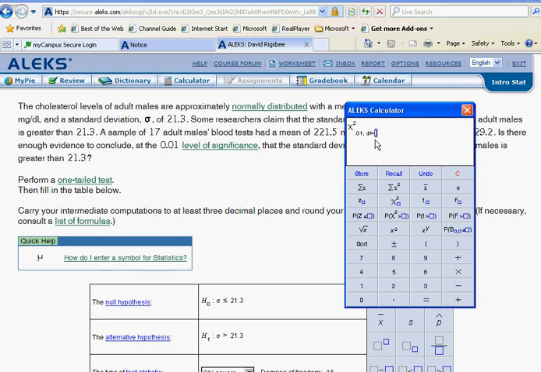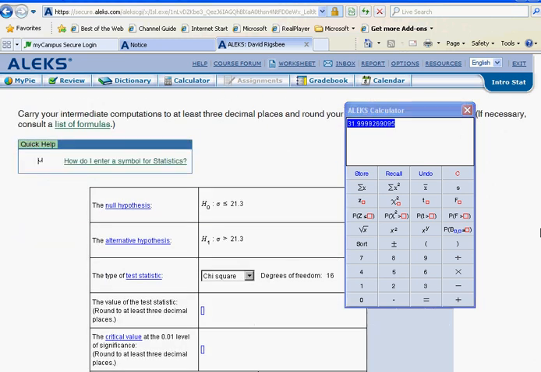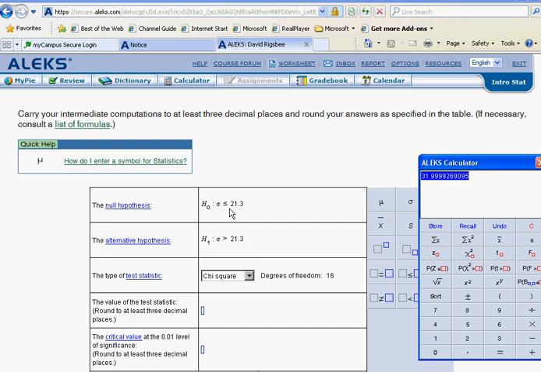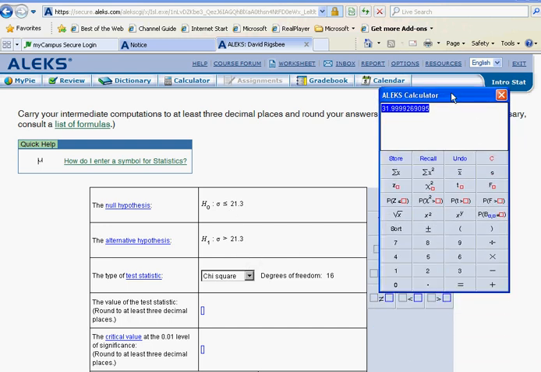We enter that into our chi-square calculation, and we get 31.9999, or rounding that to 3 decimal places, 32.000. Down here in the answer section, I've taken the liberty of filling in already the values that we got in the claim section.